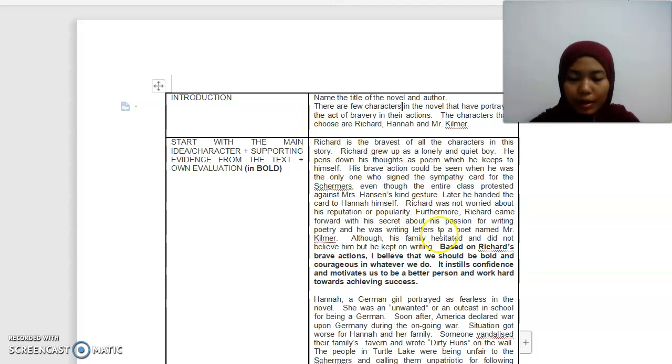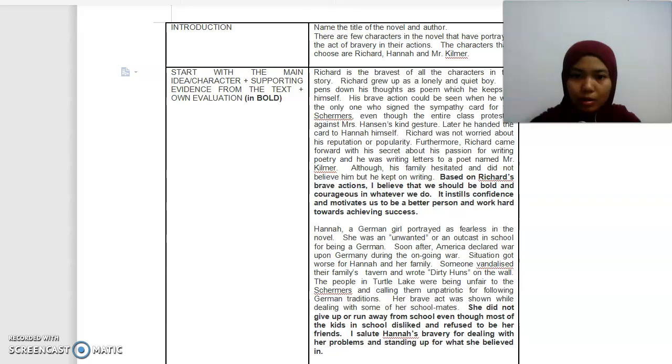For example, this one, based on Richard's brave actions, I believe that... You must put your own opinions in these novel questions, because this is where you get the most marks. So state the main idea and your own evaluation. That's the key point to answer and get A's for these novel questions.